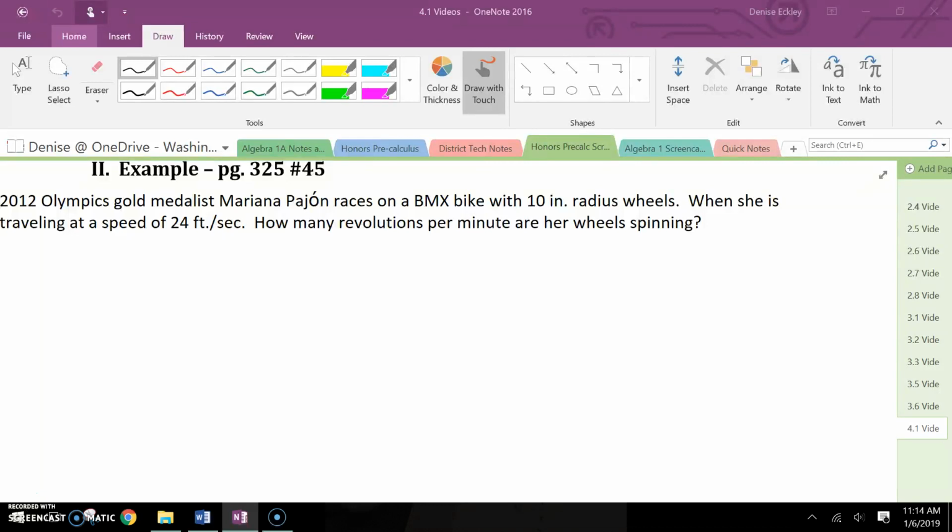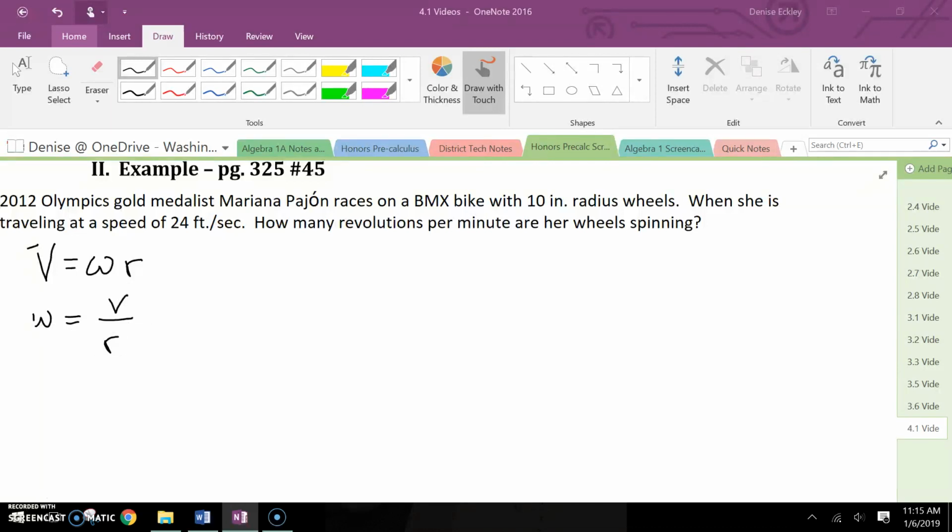So let's first get our angular speed. Remember that linear speed v is equal to our angular speed times the radius of the circular object. So that means that our angular speed is equal to the velocity divided by r.